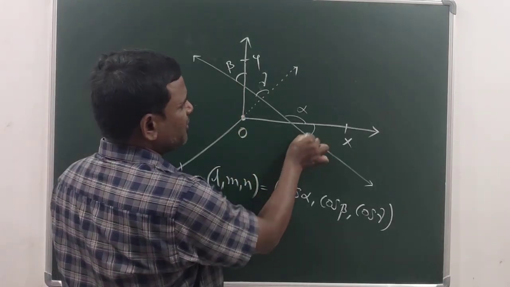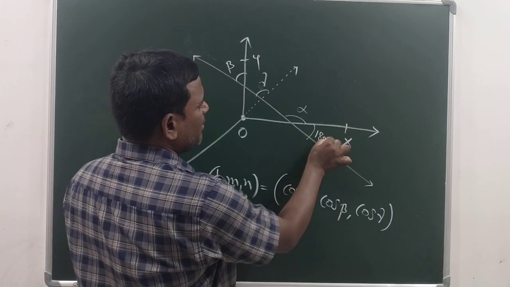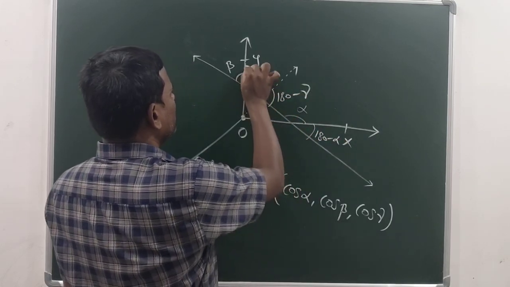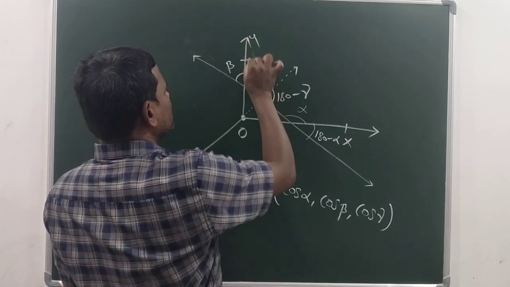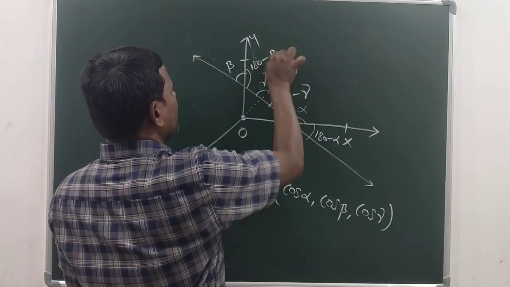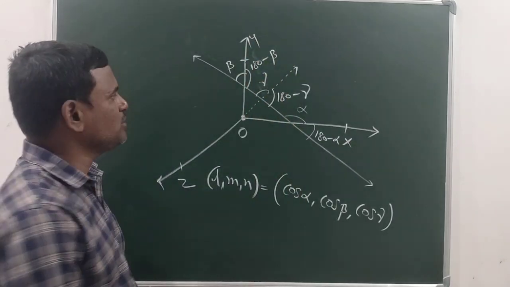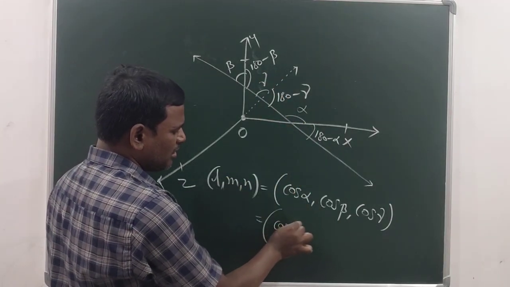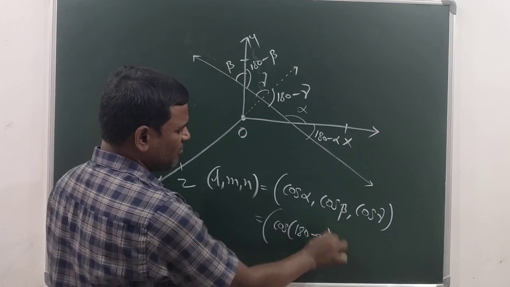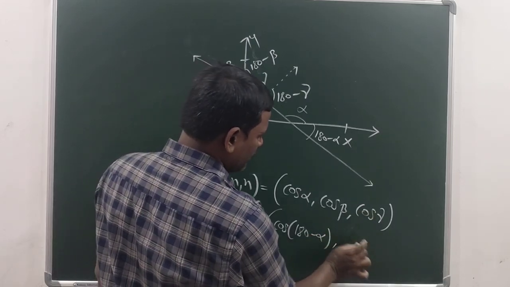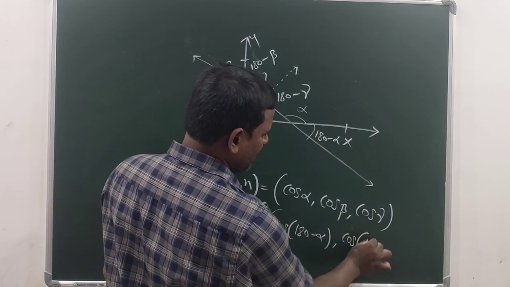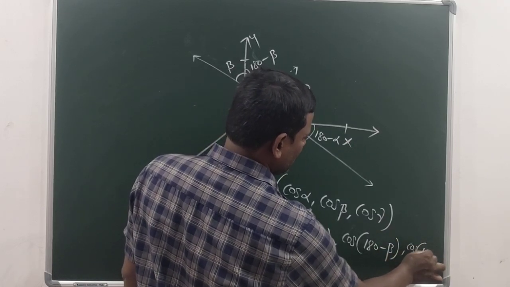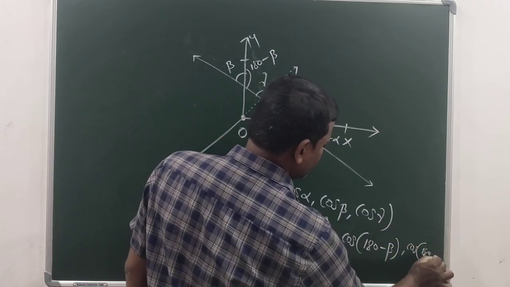In the other direction, if it is alpha, this will be 180 minus alpha, this will be 180 minus gamma, and this will be 180 minus beta. If you define cosine ratios with respect to these three, you will get cos of 180 minus alpha, cos of 180 minus beta, cos of 180 minus gamma.